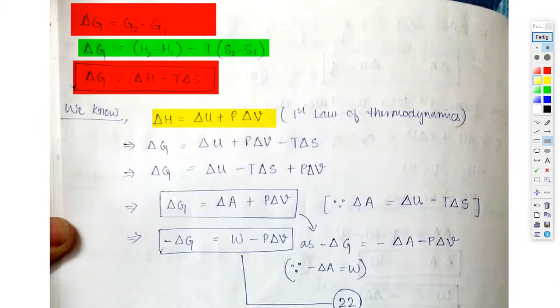So delta G equals delta U plus P delta V minus delta (TS).